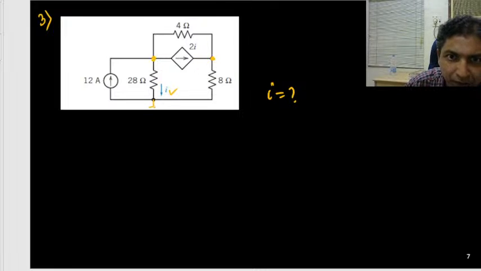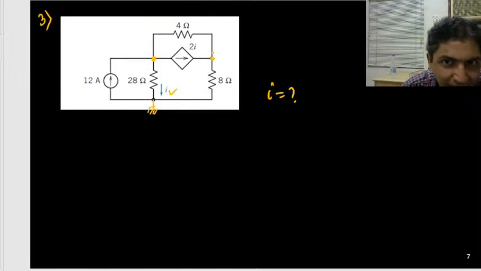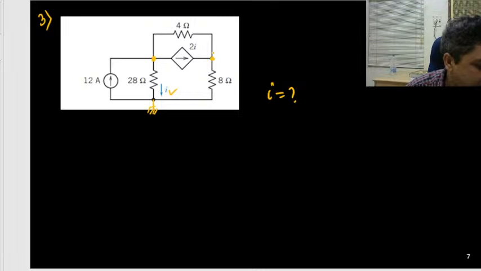This could be considered one datum node, but we need to consider two potentials, V1 and V2. So along with this I, we will be having another two nodes. So total 3 variables will be there, and we need to solve it. Okay, so can you solve it?